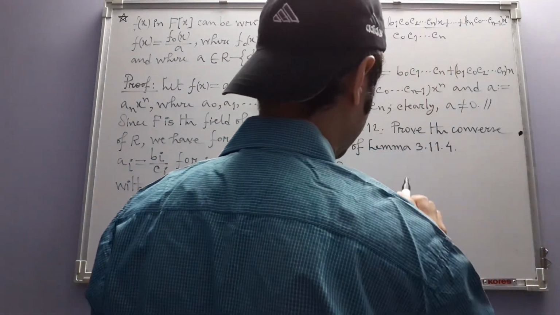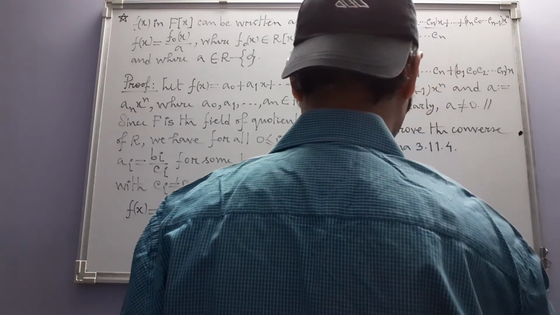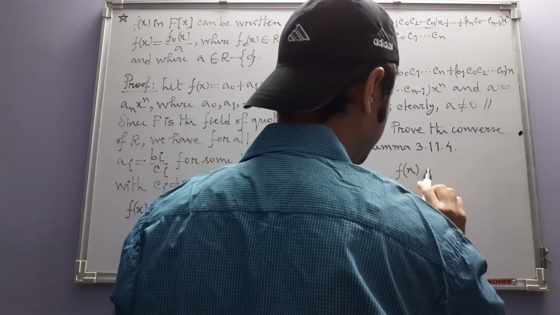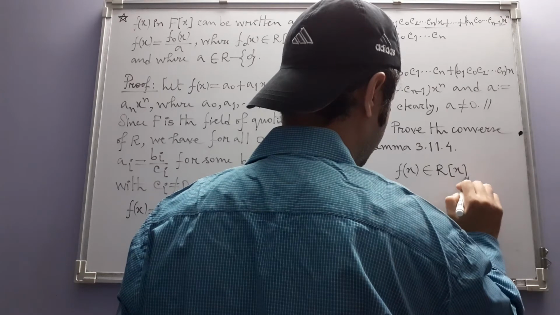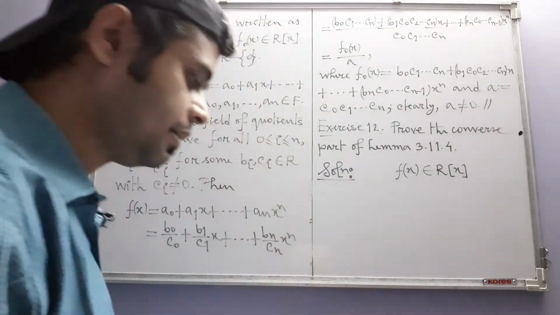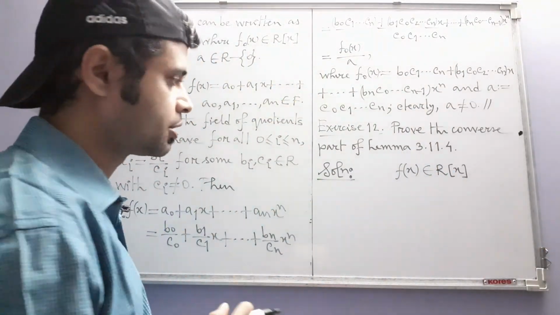It states that, say we have a primitive polynomial f(x) over R, where R is an integral domain and F is its field of quotients.